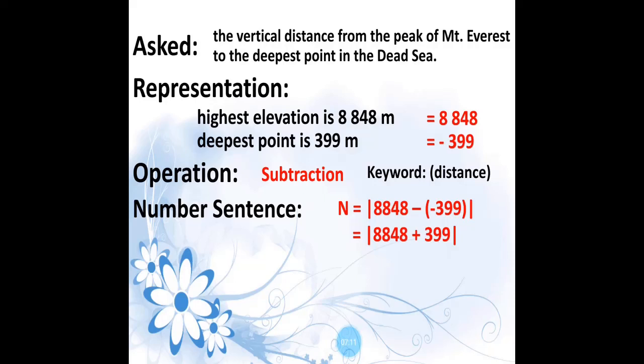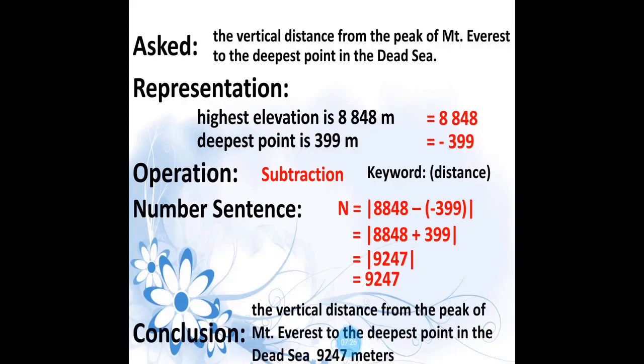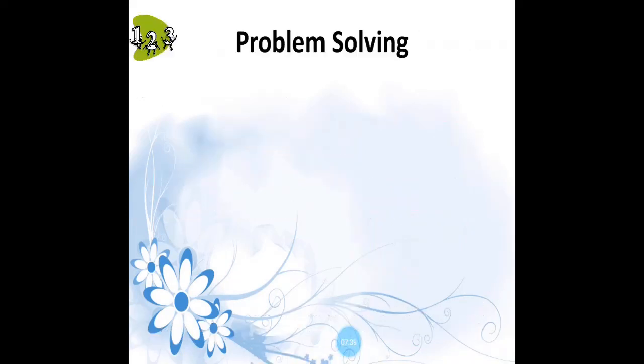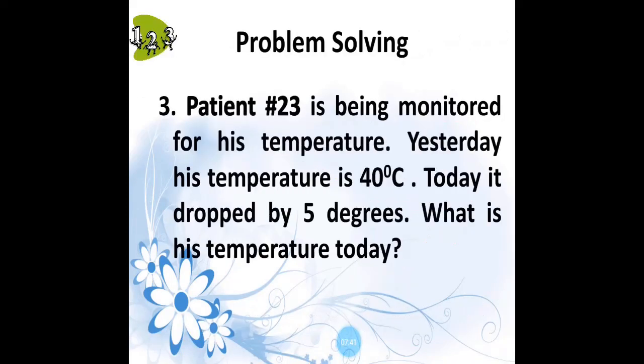Therefore, the answer will be 9,247, or the absolute value of 9,247, which is 9,247. Therefore, the vertical distance from the peak of Mount Everest to the deepest point in the Dead Sea is 9,247 meters. Clear? Okay, so let's have the next one more.